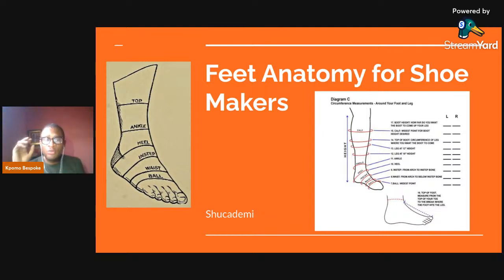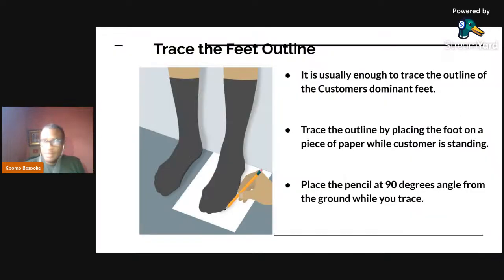So when you get the human feet, being that it's blurry, let me just go to this slide. When you get a customer and you want to measure their feet, you want to measure the feet of your customer so that you can make footwear that fits him.